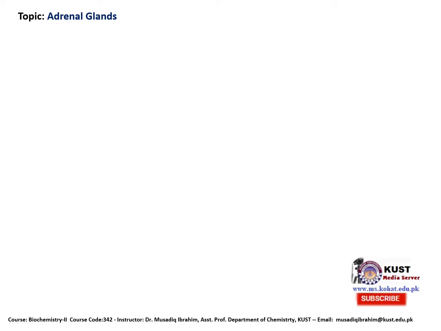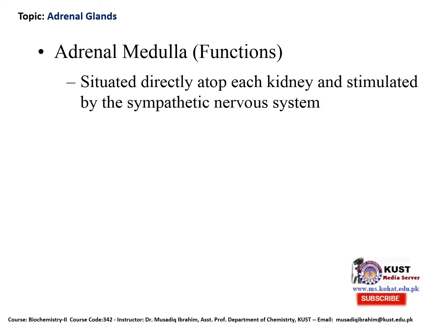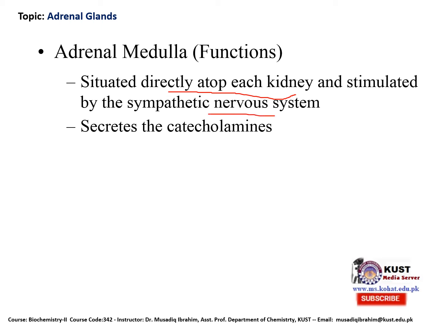Now moving towards the adrenal medulla functions. Before the functions, we need to know where the adrenal medulla is located. It is located directly atop each kidney and stimulated by the sympathetic nervous system.